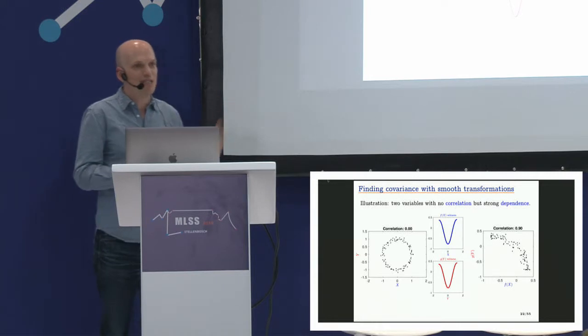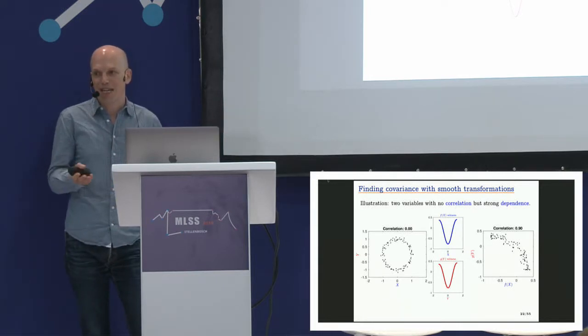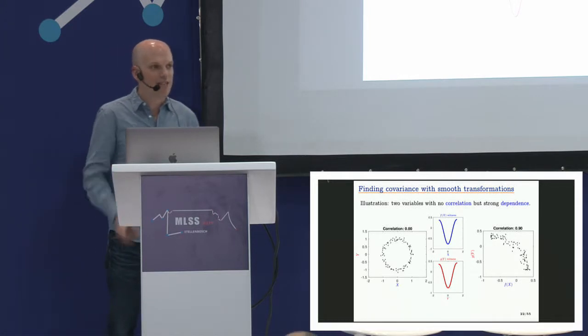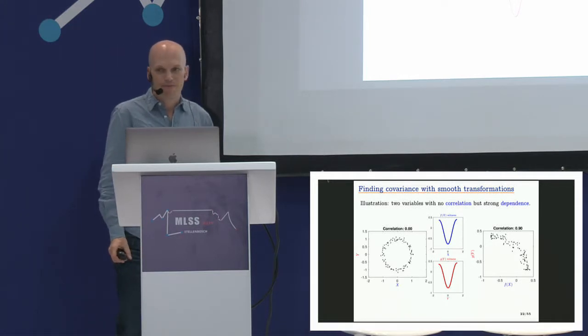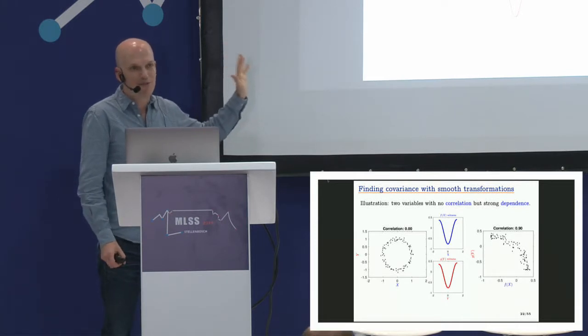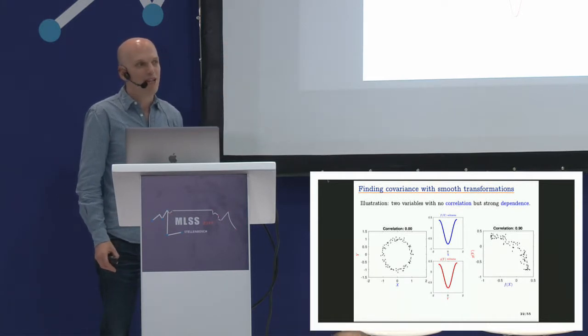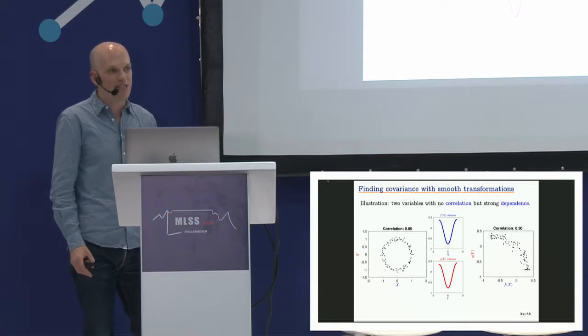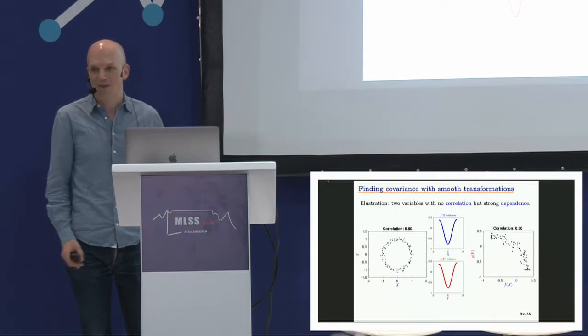That's interpretable. I know a simple, reasonable transformation of my data which causes those to be linearly dependent. To my mind, this is a very interpretable dependence measure, which is also general, because I'm not only detecting linear correlations, I'm detecting nonlinear dependencies as well.